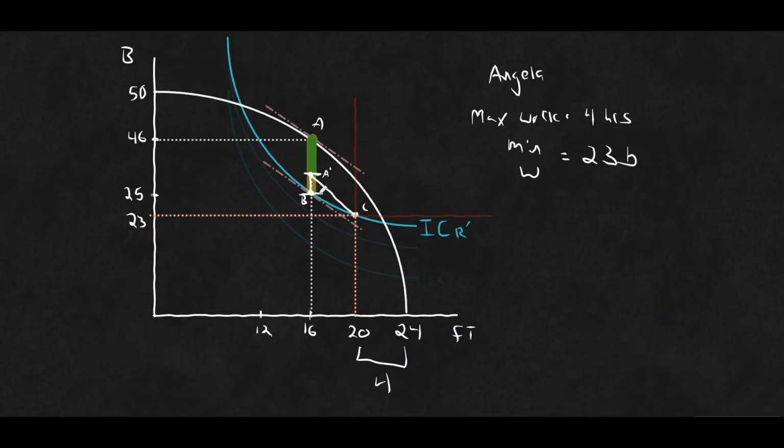Where the two parties ultimately end up between A prime and B will, of course, depend on their relative negotiating strength, their relative negotiating power and ability, and thus gives us that corresponding wage and corresponding outcome.